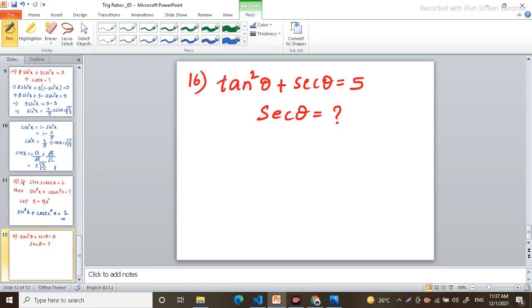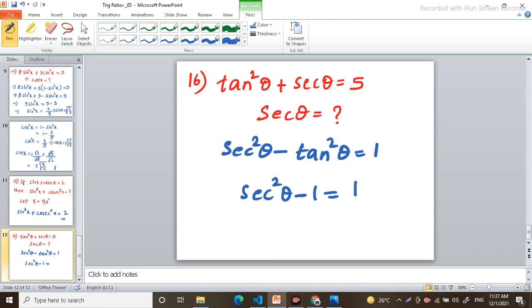Okay. Very simple. We know the basic formula, that is secant square theta minus tan square theta is equal to 1. From this I can write secant square theta minus 1 is equal to tan square theta. I took 1 to the left hand side and tan square theta to the right hand side.